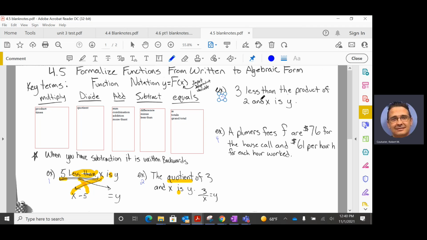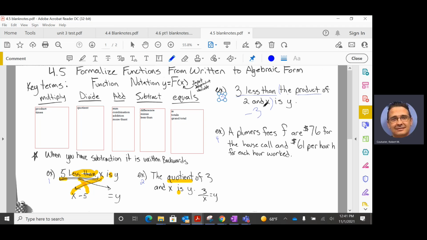So again, look, you took the time to stop and try this on your own. Remember, we're taking 3 less than. That means minus 3. So we're taking away 3 from what? From the product of 2 and x. Product means multiplication.